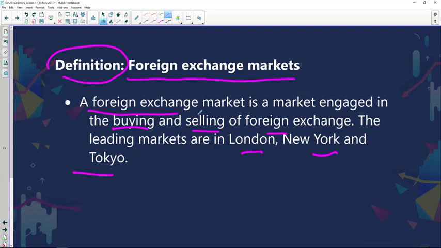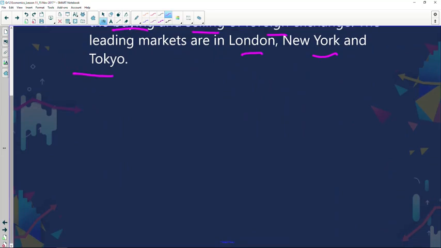And the leading markets are London, New York, and Tokyo in terms of the exchange market. So it's quite interesting because it's something that you could be asked in a multiple choice question saying the following are the leaders in the foreign exchange market. So it's always good to know which countries are considered to be leaders in this particular market.